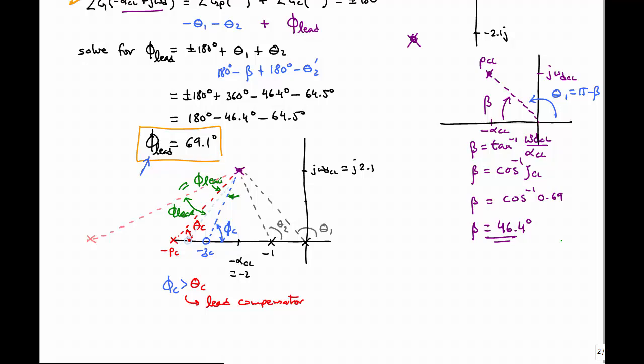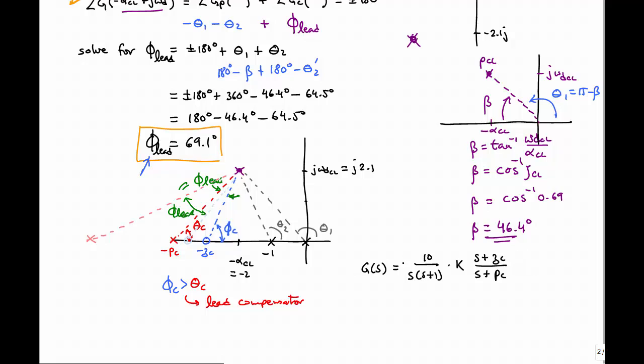There are two approaches that are described in the book. The second method is one that I'm going to show you first, because I think it's easier to carry out. And for this, let's go back to the forward gain of G equal to Gp, which is 10 over s times s plus 1, times our compensator. Our compensator now is going to have some kind of a gain times s plus a compensator zero over s plus a compensator pole.